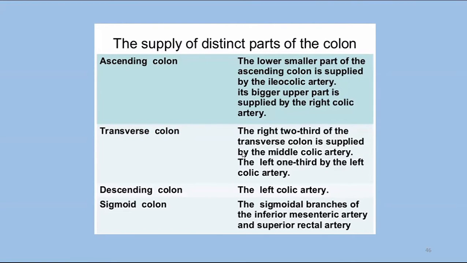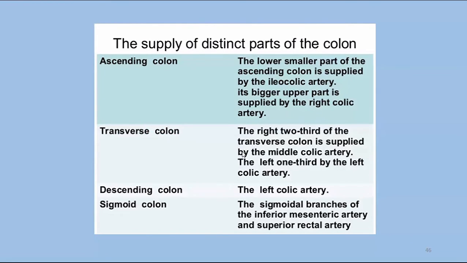Now, the supplies of the specific parts of the colon: the ascending colon, the lower smaller part is supplied by the iliocolic artery, its bigger upper part by the right colic artery. Again, transverse colon, as I mentioned earlier, right 2/3, middle colic, which is a branch of the SMA, left 1/3, left colic, which is a branch of the IMA.